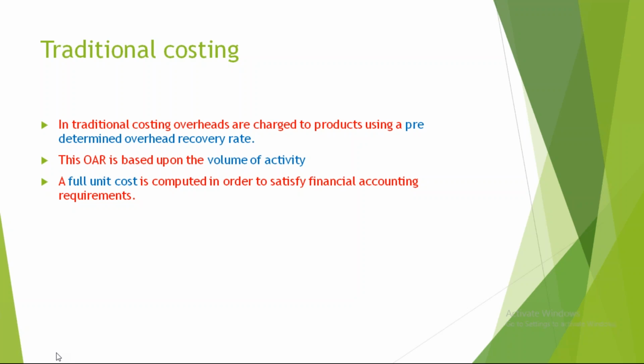So fixed overheads, we have to allocate them, to portion them, and on that basis our inventories will be valued according to IAS 2. If we get the overheads wrong, our inventory figure can be overstated or understated. When inventories are overstated, our profits will be overstated.